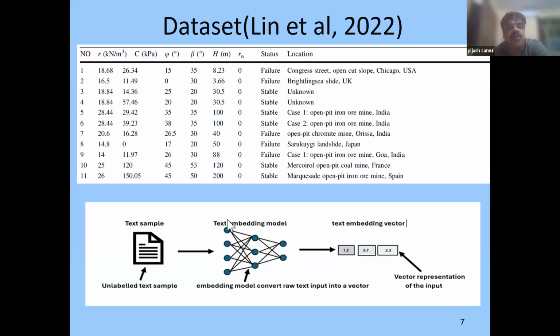But with the LLM model, you have to give the data set as text samples, and then we use a text embedding model, which converts the input into a vector representation. In this way, whatever text you give will be changed into vectors.